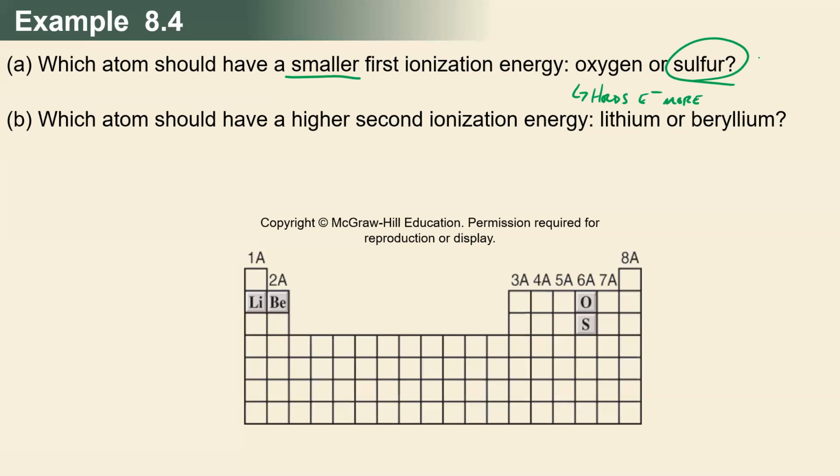Who has a good explanation for that? Is it because they're closer to the nucleus? Absolutely. All those oxygen valence electrons are in N equals 2. Those sulfur valence electrons are in N equals 3. Since they're a little bit closer for oxygen, it holds them closer to the nucleus. They're harder to remove. For sulfur, they're farther away from the nucleus, and so they're a little bit easier to let go of.